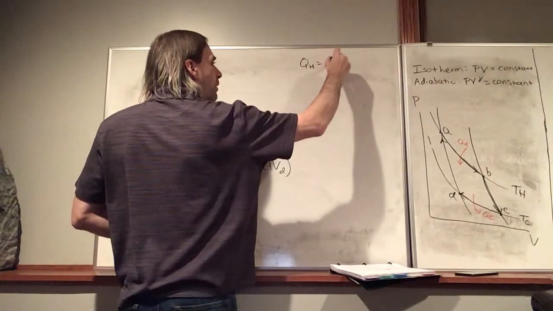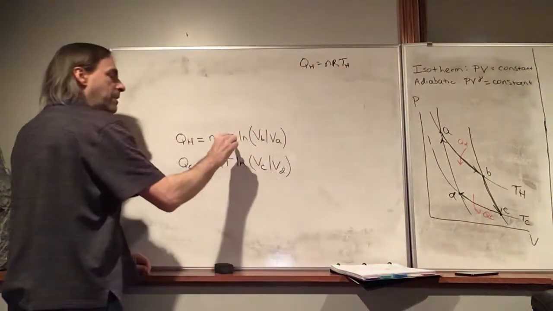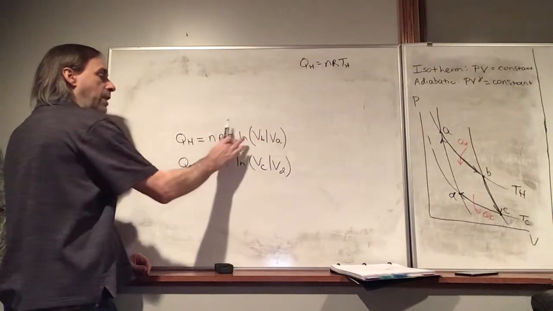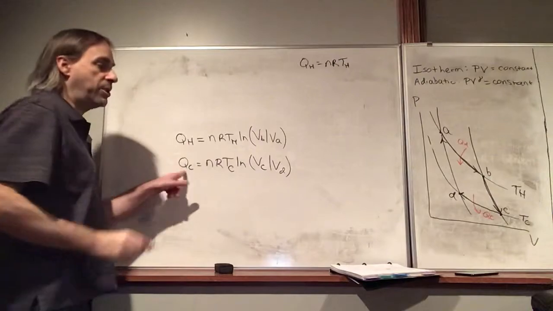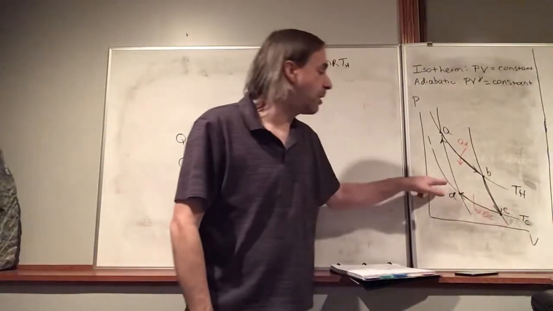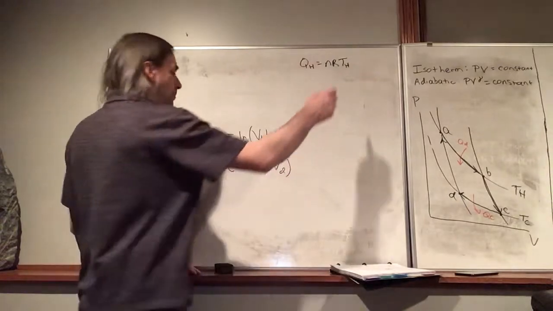I'm going to add one thing I should have earlier. Like, this is occurring at a temperature TH. And QC, we're looking at this isotherm. So again, that T is a particular value, TC.